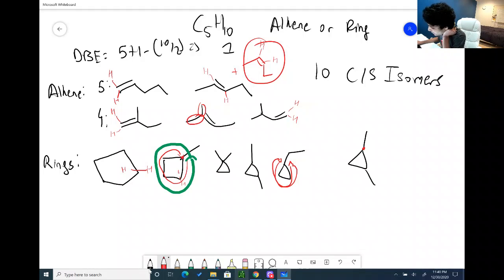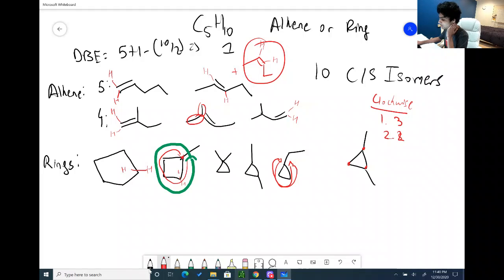Let's take a clockwise pathway. In the clockwise pathway, you first encounter this carbon, which has a methyl group attached, so it's a tertiary carbon, so I'm going to put 3. And then the second carbon you come to is secondary, so it's 2.